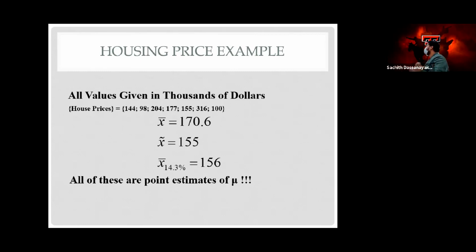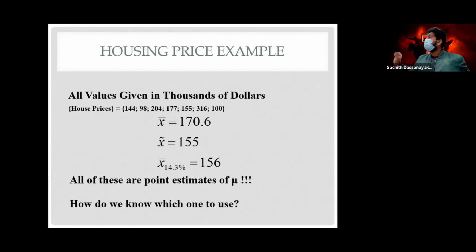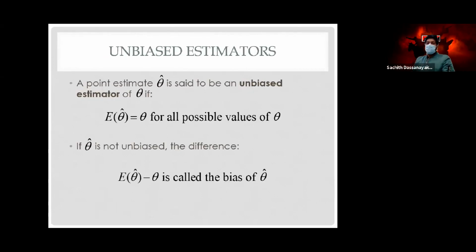I mean, we need to find the best option for our point estimate. Here our parameter is mu, so we are going to find a point estimator for this parameter mu, simply for the mean.